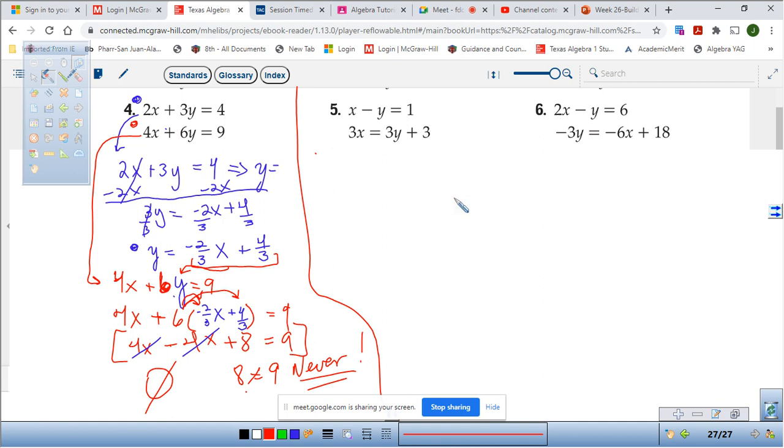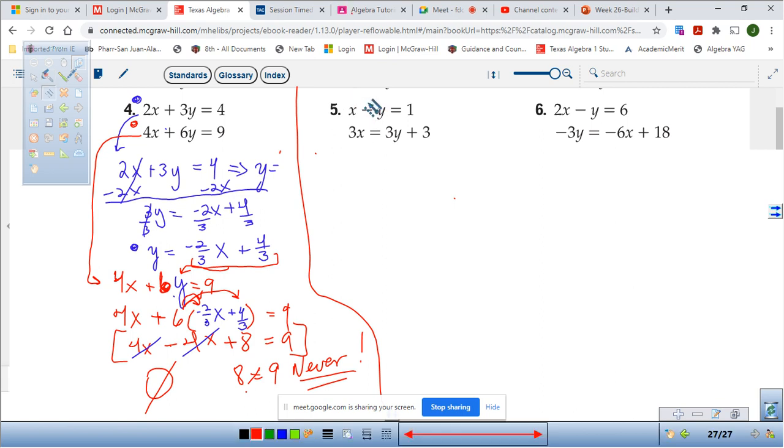So when it comes to this one, you see that x is by itself-ish? If I were to add y. Now look at this one down here. It's just saying, couldn't I divide by 3 and get that x by itself? So you choose which one you want to do.